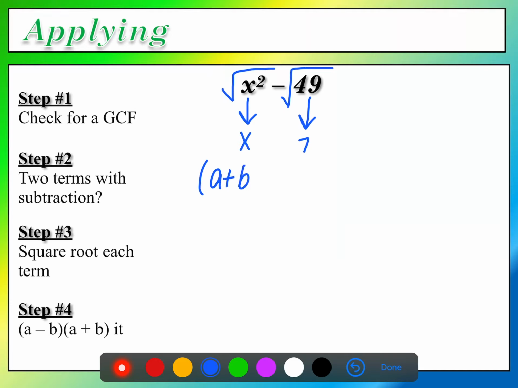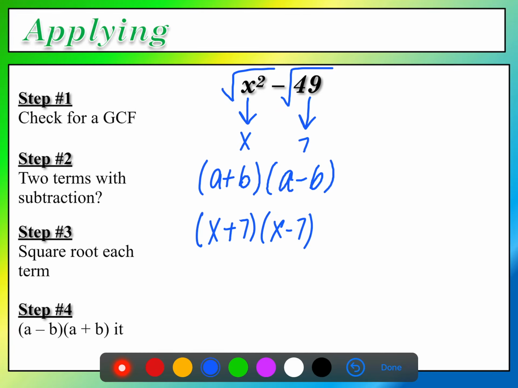We plug them into our formula: x plus 7, x minus 7. The order of the parentheses doesn't matter. And you could FOIL this and get back to your original expression of x squared minus 49, and that's how you know you did the problem correctly.